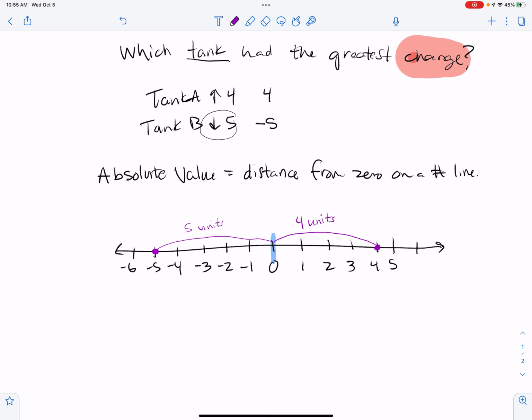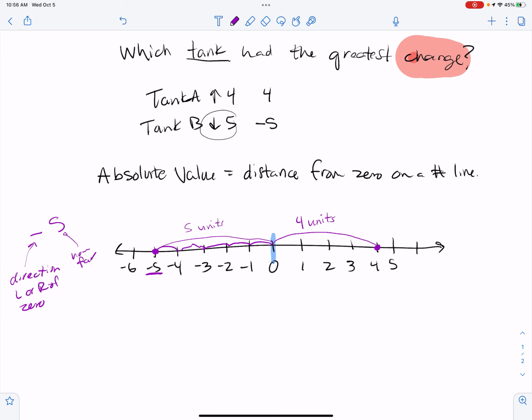So what's key here is that in our negative 5, this negative sign just tells us the direction that we need to travel, left or right of 0. And then the 5 tells us how far. And so even though this is a negative 5, you still have to travel 1 unit, 2 units, 3 units, 4 units, 5 units.